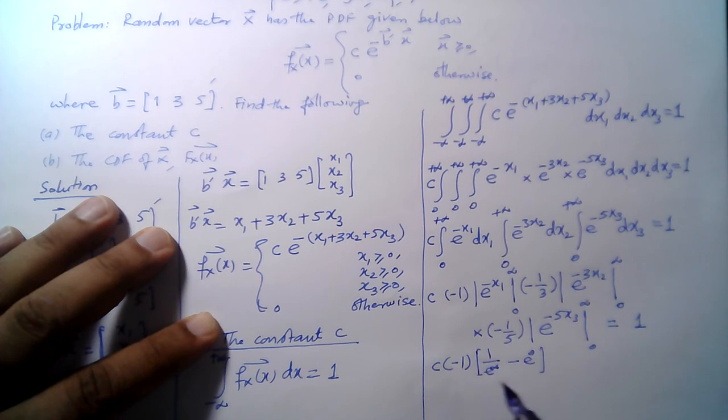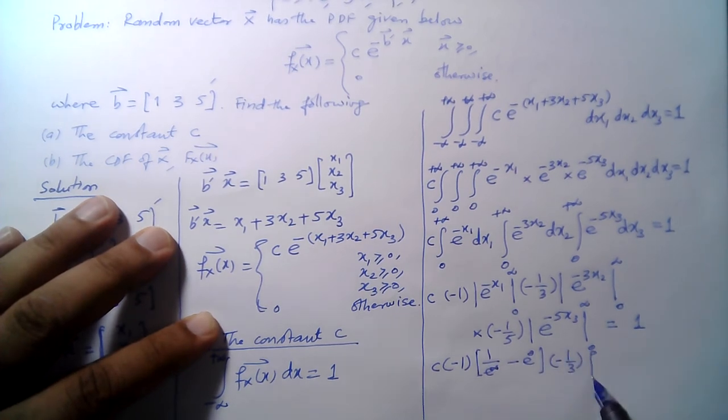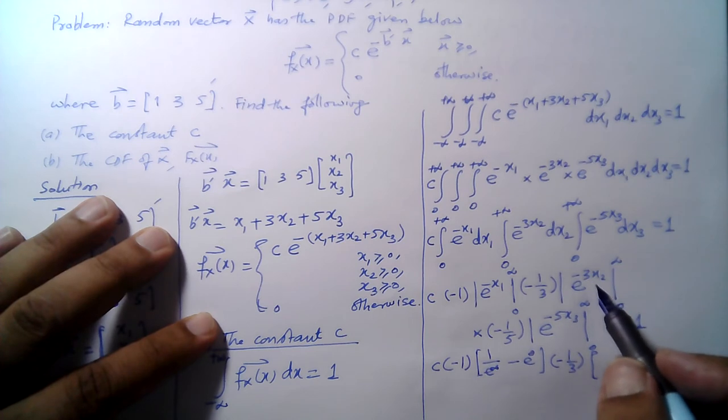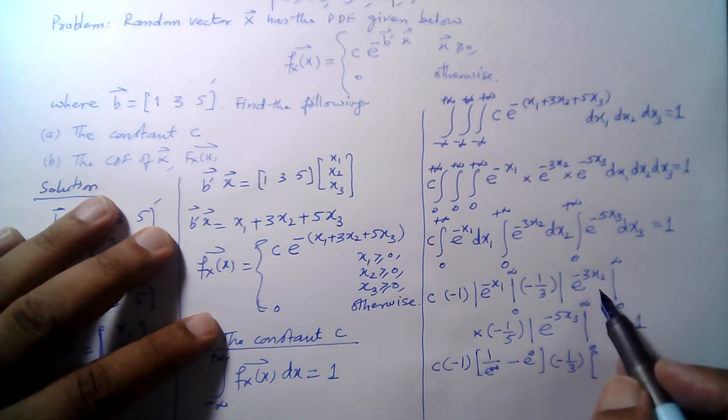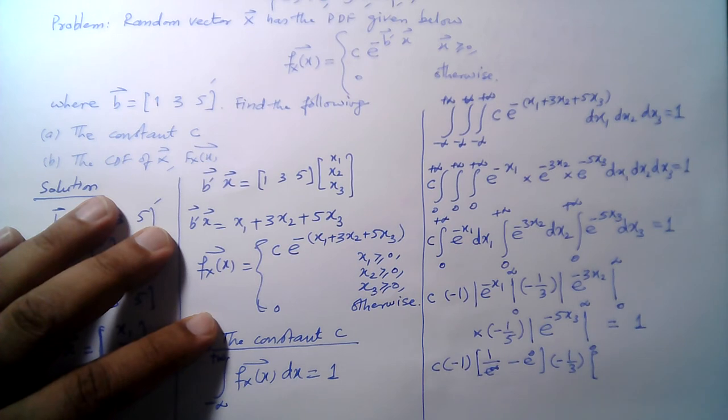Next, minus 1 over 3, and let's put the limits here. This is 1 over e raised to the power 3x2, and when we put x2 equal to infinity, this will be 1 over e raised to the power 3 times infinity, which is again infinity. So this will be 1 over e raised to the power infinity minus e raised to the power 3 multiplied by 0, that will be e raised to the power 0.